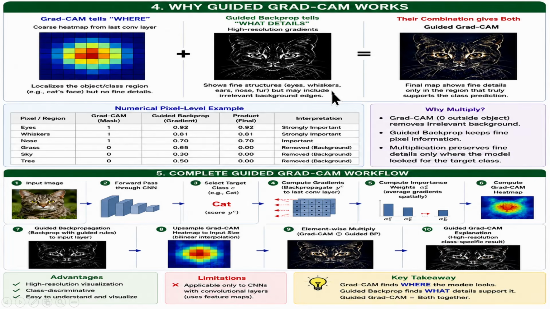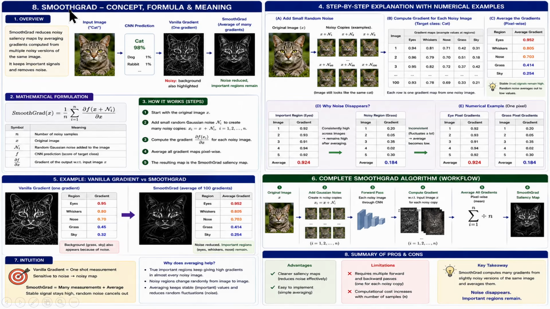That's why we are combining them in a method called guided GradCam. Then we have another method which is called SmoothGrad. It reduces noisy saliency maps by averaging gradients computed from multiple noisy versions of the same image. It keeps important signals and removes noise.